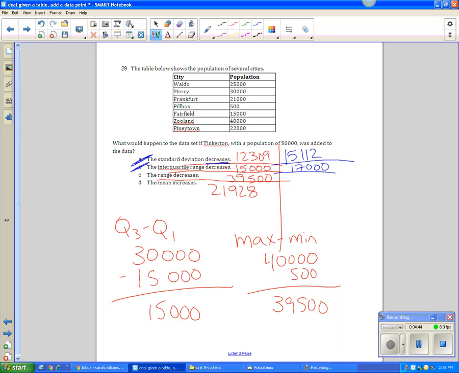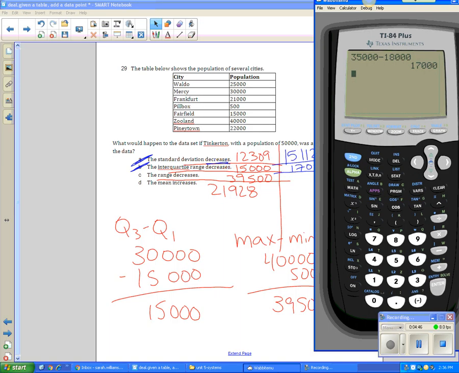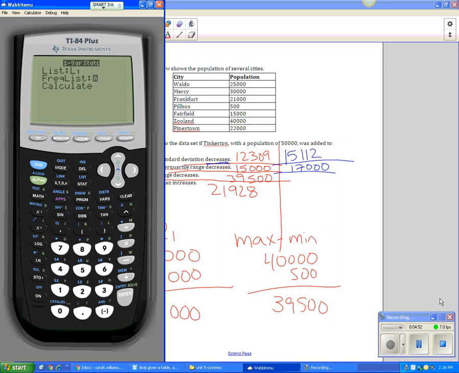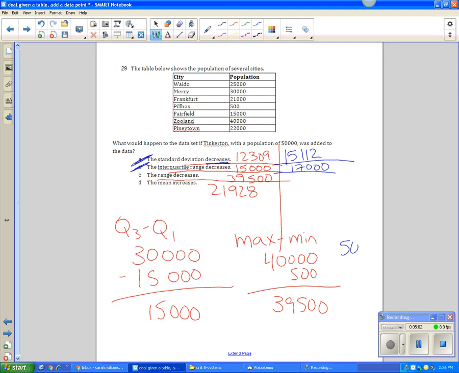Okay, what about the range? The range is max minus min. So scroll down. Well, the maximum is now 50,000 and the minimum is 500. So that would give us 49,500.